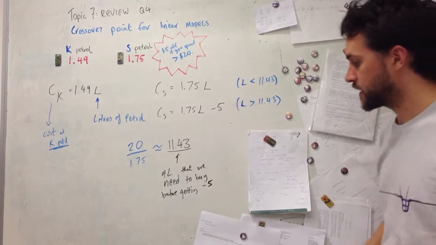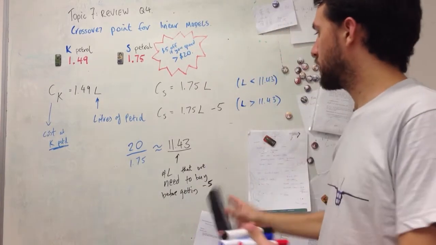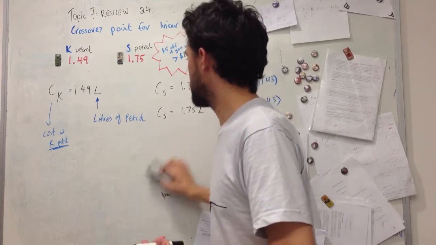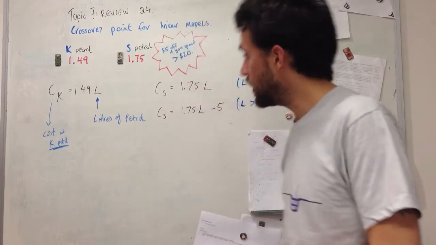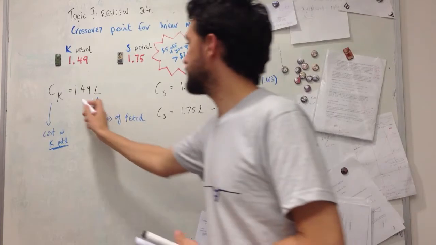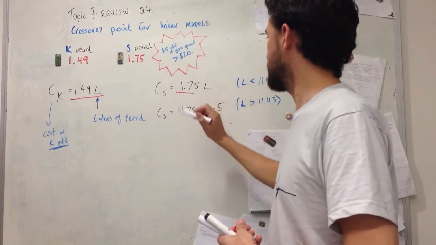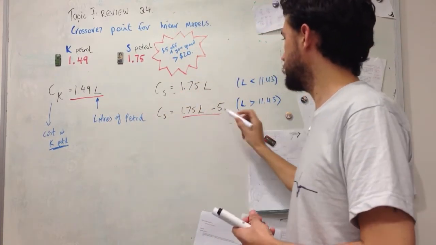Okay. So then what we want to know is, for when are the number of litres the same? So we have our two equations, not this one, sorry, I want this one and this one.